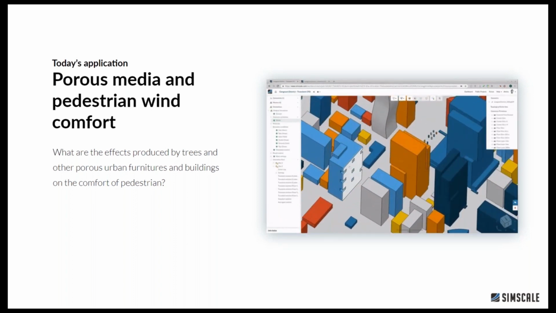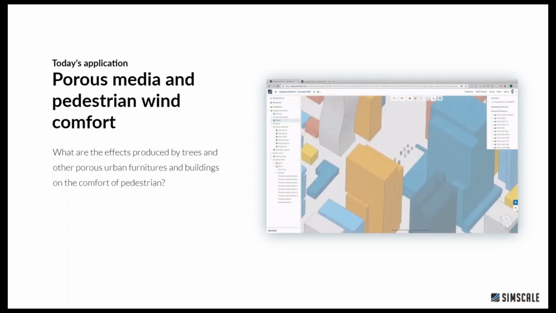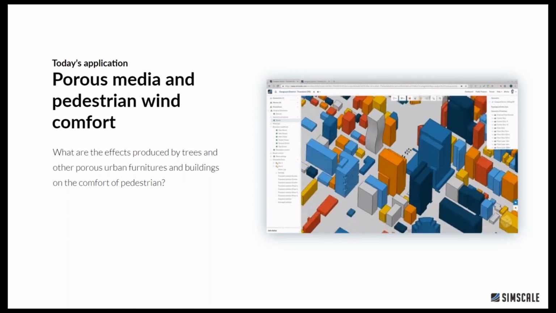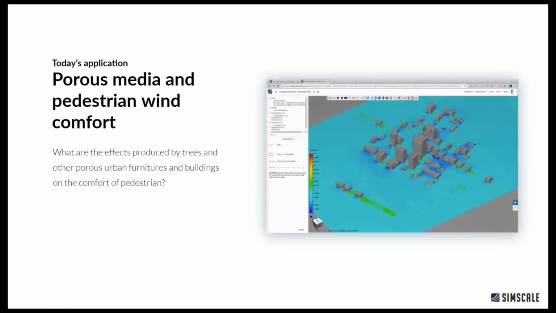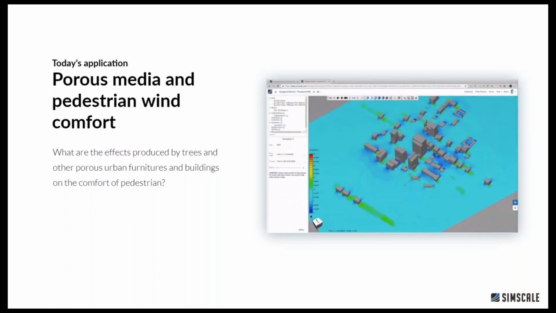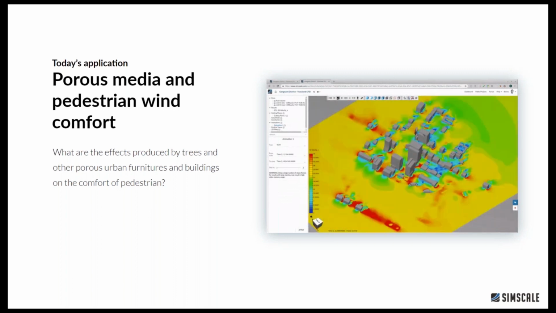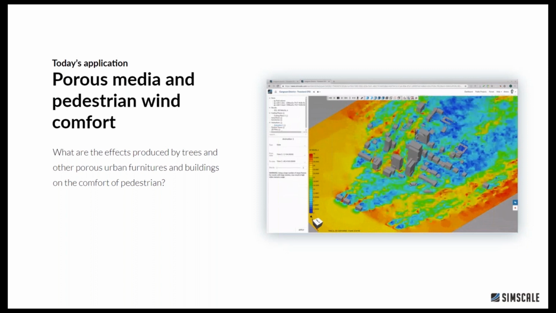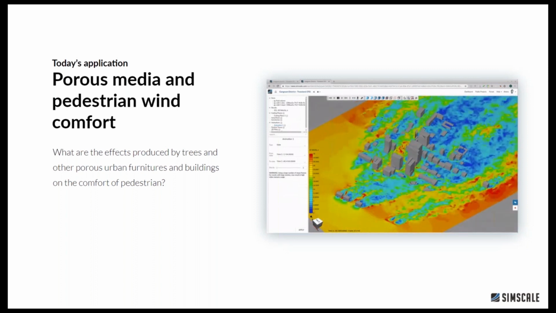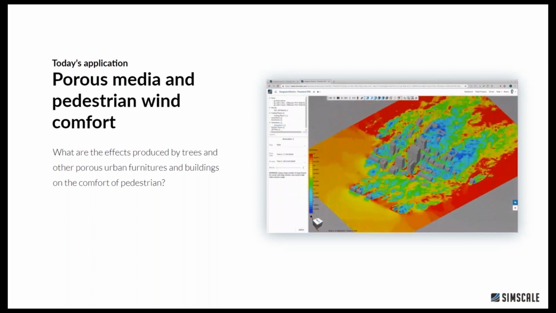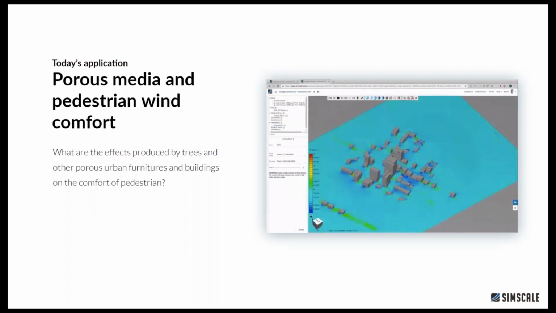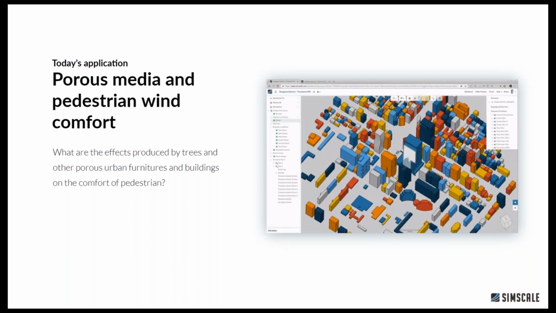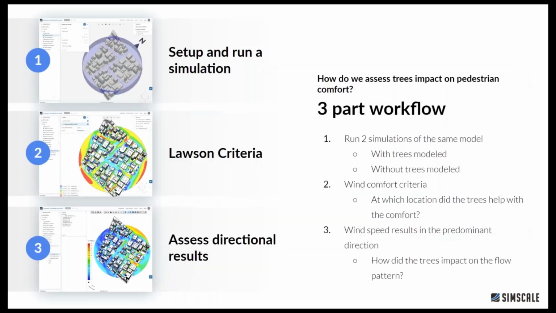Porous Media helps us understand the effect that trees have as windbreaks on the flow development of the wind inside a city or any urban landscape. We're going to explore this topic and see that with this feature, we can have a clearer idea of the impact of these trees on the comfort of pedestrians more specifically.